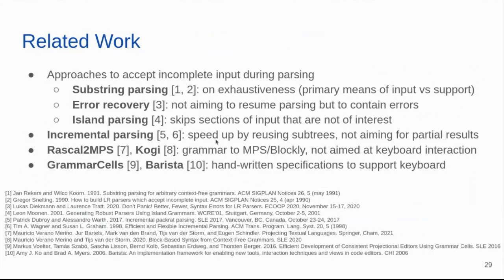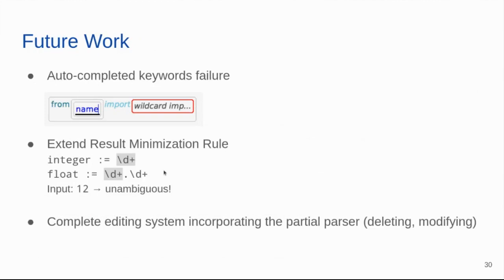Then in a different group of related work, we have works such as Rascal to MPS and Kogi, which are taking grammars and mapping them to keyboard interactions. And finally, Grammar Cells and Barista, both works which have structured editors, which are very excellent for providing keyboard input, but require these handwritten specifications.